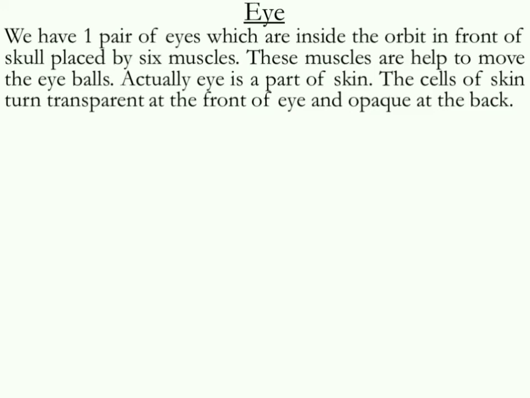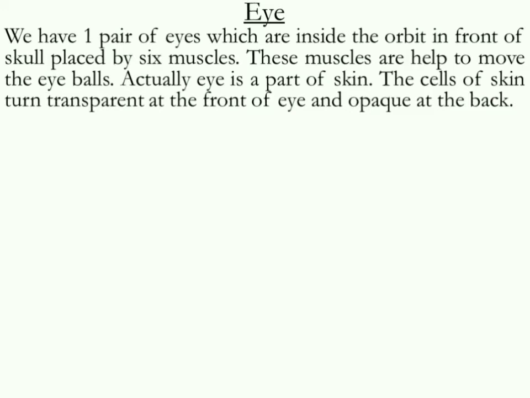That means these eyes are placed in the orbit by 6 muscles. These muscles help to move the eyeballs. If there were no muscles in the eye, then we couldn't move our eyeballs and couldn't see sidewise.